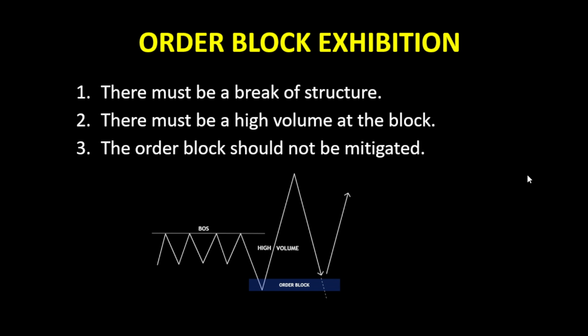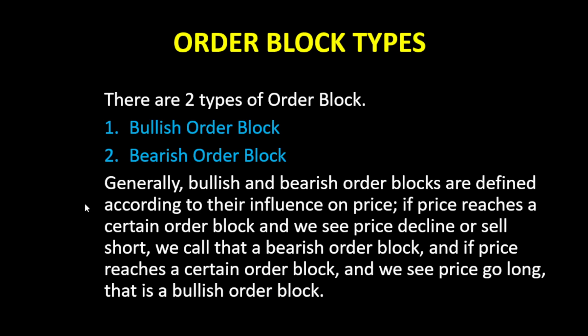The order block should not be mitigated. It should not be weakened. There are actually 2 types of order blocks. Number 1 is bullish and the other one is bearish. The last sell candle before an impulse move to the upside, printing a bullish candle, the last bearish candle would be considered as an order block.